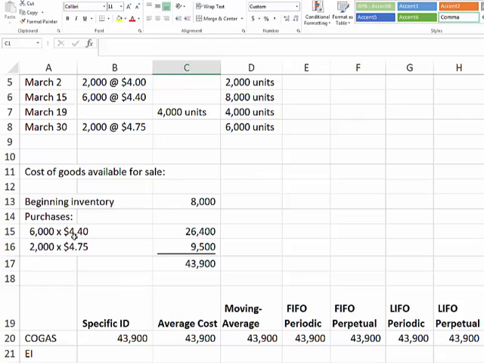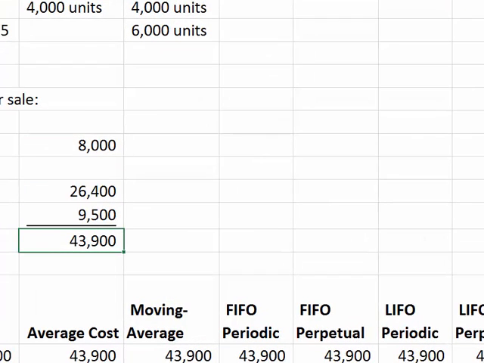Then they had purchases of 6,000 and 2,000 units. So they had 43,900, or this would actually be in dollars, available to sell during the period.